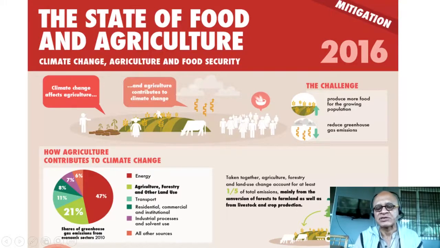We said 26% before, so it depends on the year, depends on what is included in these here. Land use is included with agriculture. Taken together, agriculture, forestry, and land use change account for at least 1/5 of total emissions, mainly from the conversion of forests to farmland, as well as from livestock and crop production.